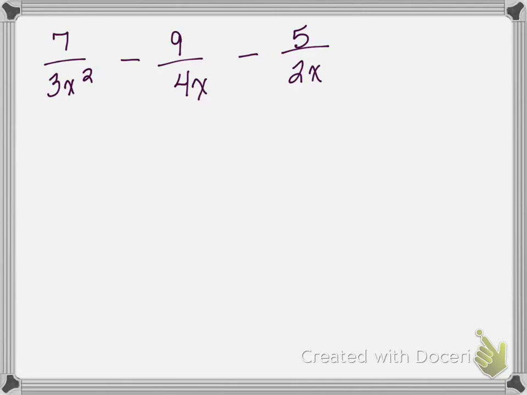So for the first one, I want you to have 7 over 3 times x times x. I want you to break the 4 down also. And then that'll help you decide what you need in the LCD.